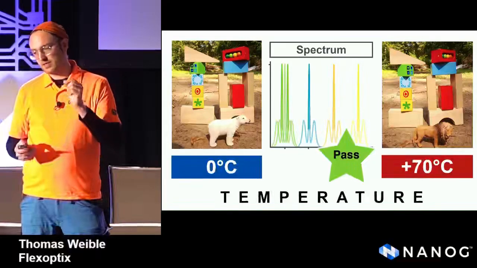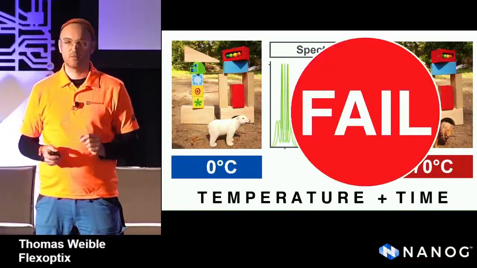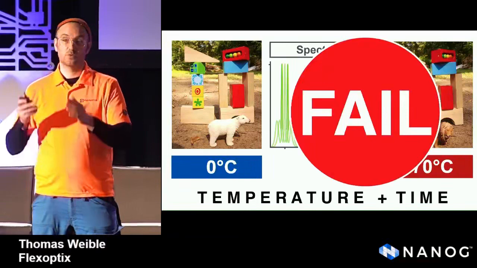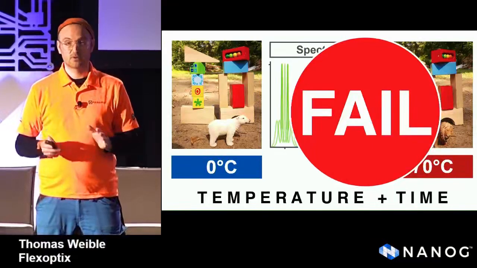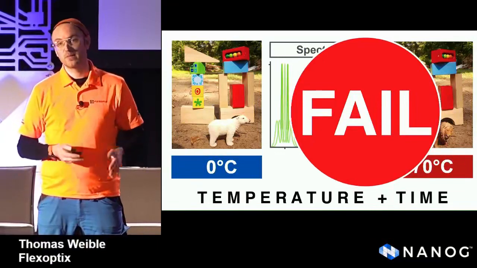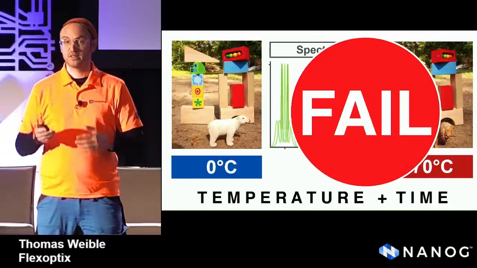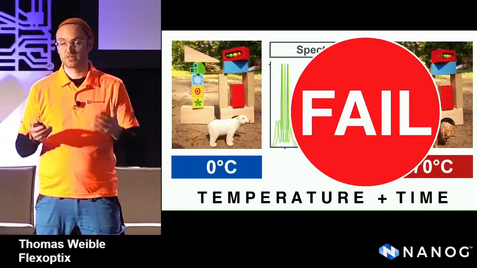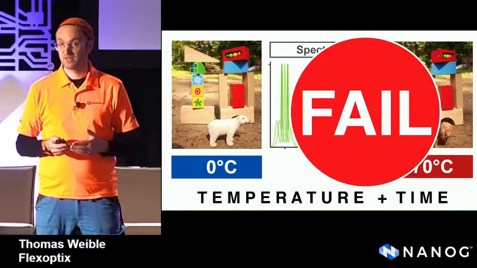But if we take a second constraint into that test, which is time, and we say, for example, okay, we start at 0 degrees centigrade, keep the laser there for not longer than 10 seconds, and within 10 seconds it needs to be stabilized, and then boost up the temperature to 70 degrees within 60 seconds, and again give the transmitter, for example, 10 seconds to stabilize the laser.